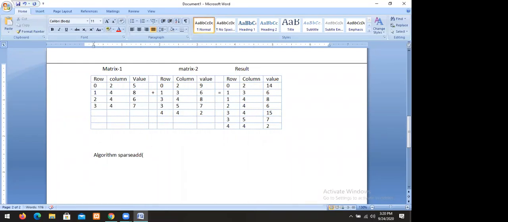Sparse add. Sparse S1: we have 10 rows and 3 columns. Sparse S2: 10 rows, 3 columns.